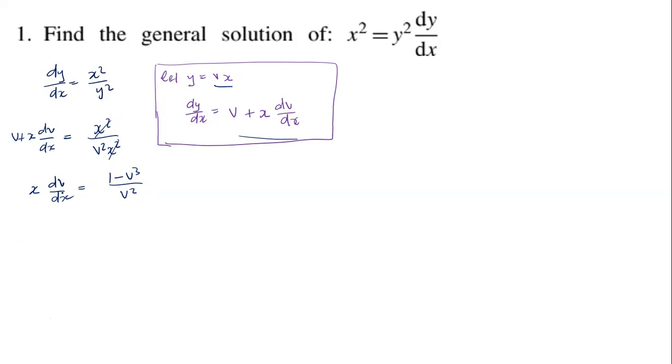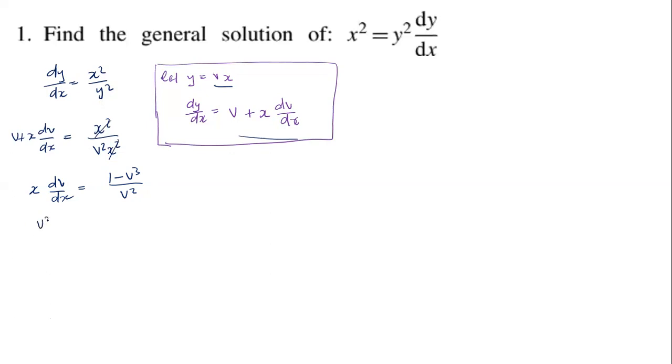Now trying to separate the variables with their differentials, this is what we're going to do, separable variables. On this side, I'm going to multiply with this reciprocal so that I can get rid of it, but this side I want it to exist so that I have dv.